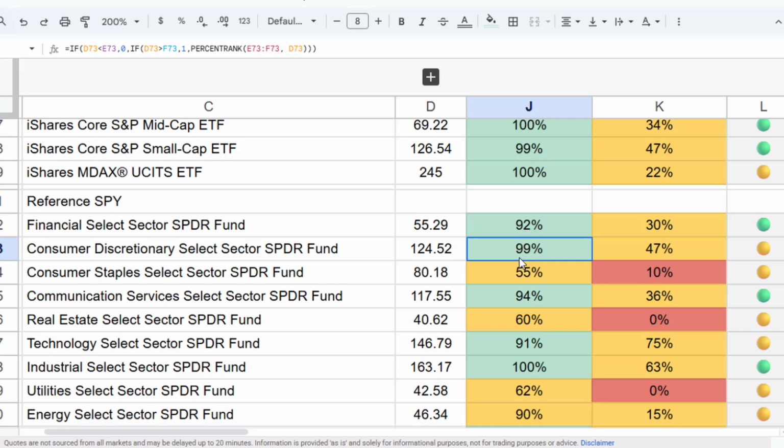So 100% means it's at the top of the range, and 0 means it's at the bottom of the range. It's sometimes also called momentum, because near 1 it's very strong, near 0 it's very weak. Now let's build that on your own in a new spreadsheet.